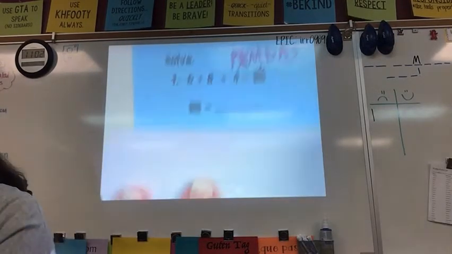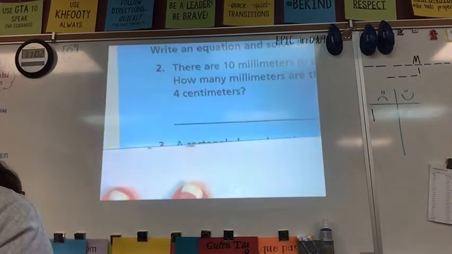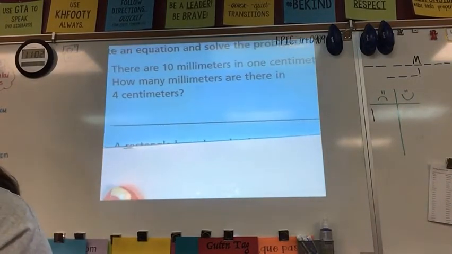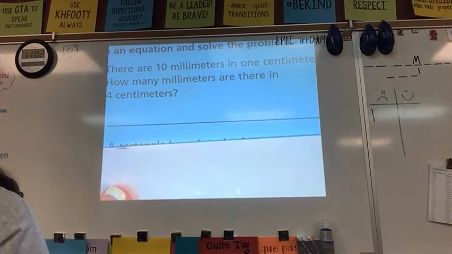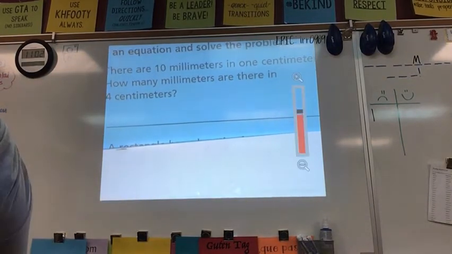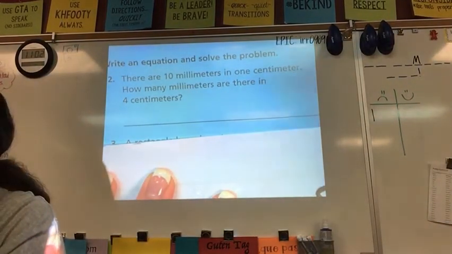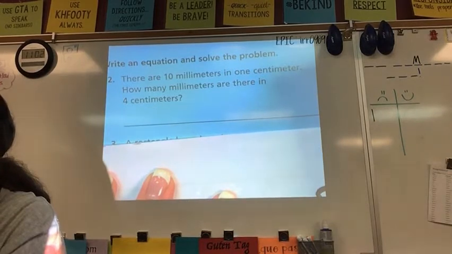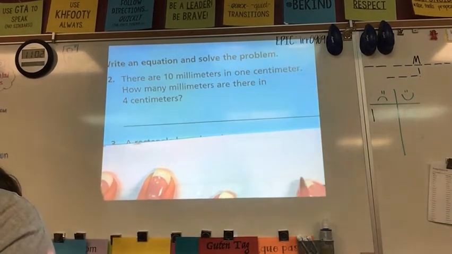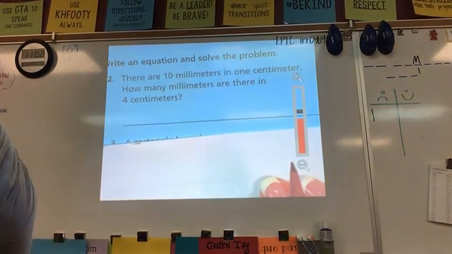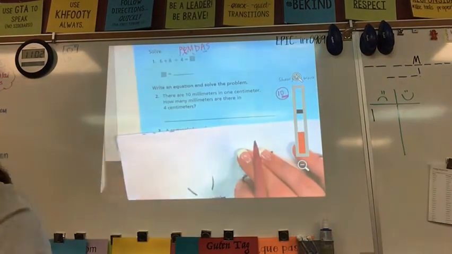Numero dos. There are 10 millimeters in 1 centimeter. So I might be thinking 1 centimeter or 1 group has 10 millimeters, 4 times 2. How many millimeters are there in 4 centimeters?